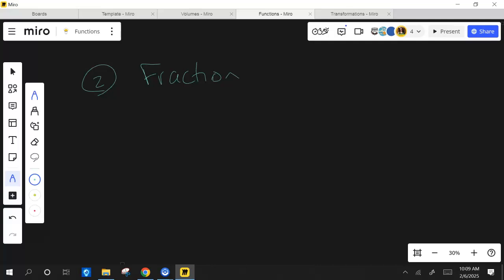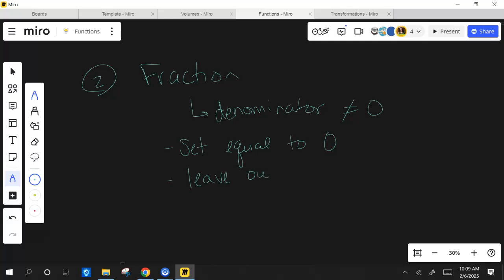The denominator cannot equal 0. That cannot happen, yes? So if you set it equal to 0, you know what it can't be. So I'm going to set it equal to 0 and leave that out of the domain.